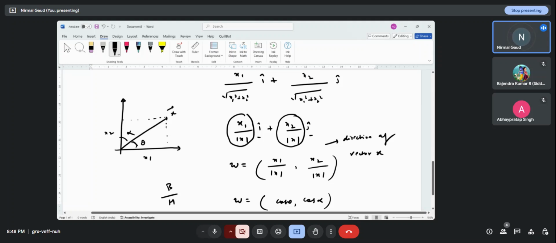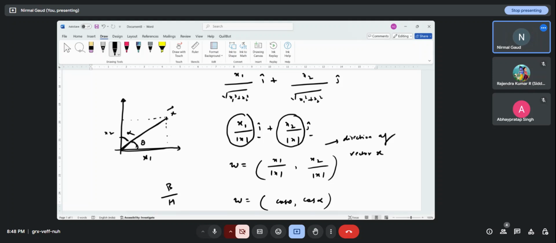This is the angle theta, so x1 is the base upon hypotenuse, so this is x1 upon mod of x, and this is again base upon hypotenuse. Okay, so x2 upon mod of x. Okay, fine.